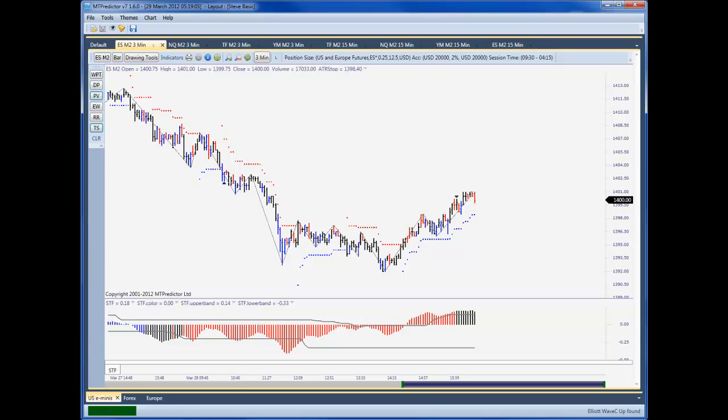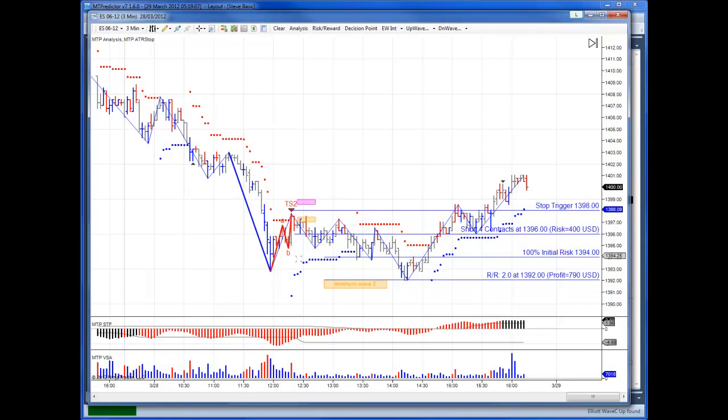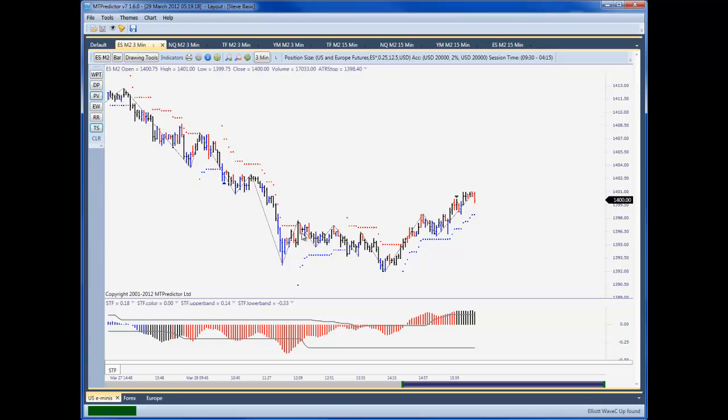So in NinjaTrader we would have had 1 plus 1 equals 2.00001, which is just above 2, therefore that setup displayed. But in MTPredictor we'd have had 1 plus 1 equals 1.999999, which is less than 2, therefore that setup would not have displayed.